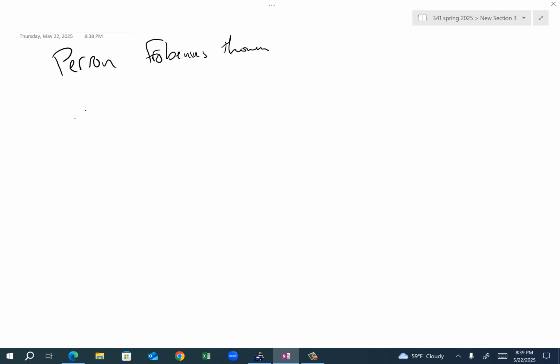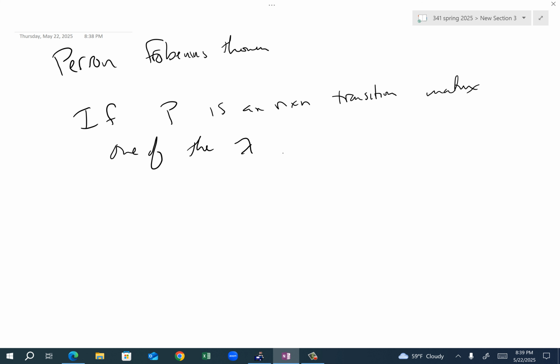If P is an n by n transition matrix, one of the eigenvalues is 1 always. That was theorem 4.30. So theorem 4.31 is, again, if you have an n by n transition matrix, all the lambdas will be less than or equal to 1.